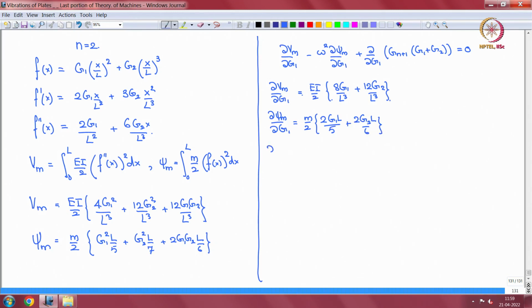And what is del G1 of G? So n is 2, so this is G3. Okay, so G3 into G1 plus G2, this is the Lagrange multiplier.